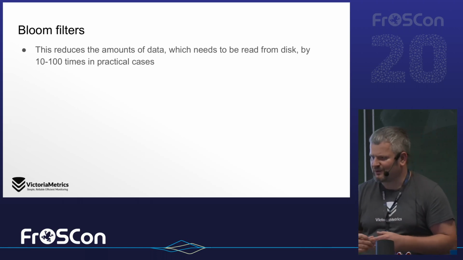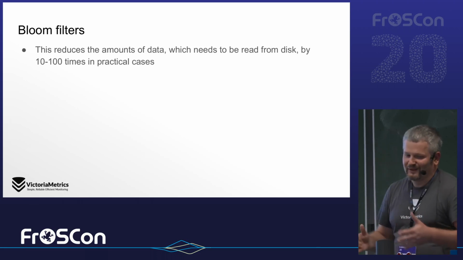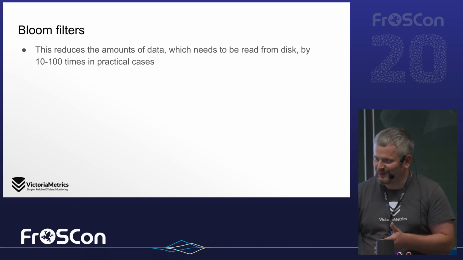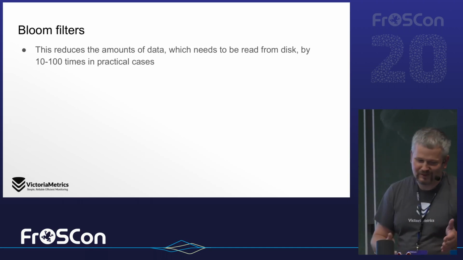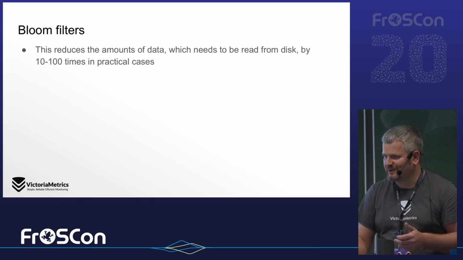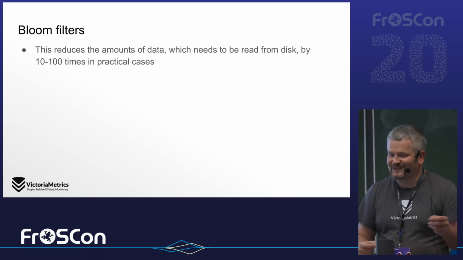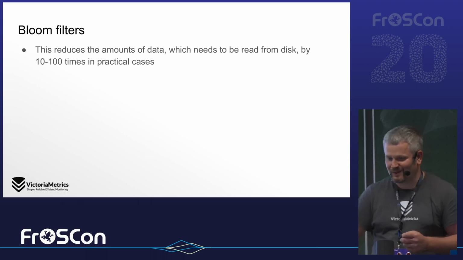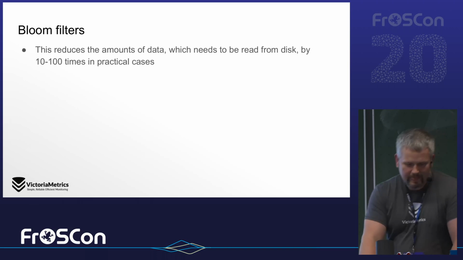And this answers your question: if you have 64 terabytes of compressed logs, then Bloom filters may take around 6.4 terabytes, or starting from 600 gigabytes up to 6.4 terabytes.